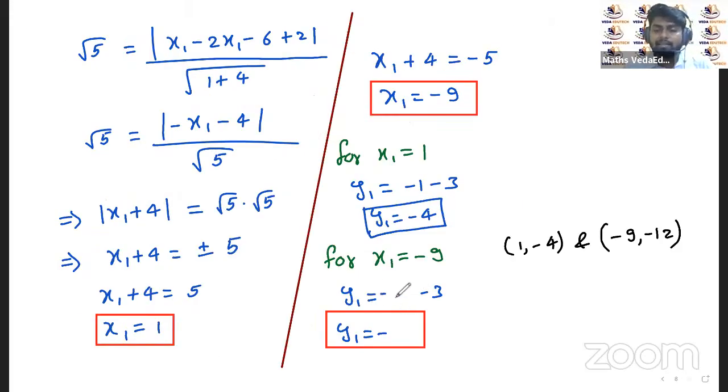So minus of minus 9 minus 3 will become plus 9 minus 3, so it will give you plus 6. So this is minus 9 comma plus 6. So these two are the required answer: 1 comma minus 4, and another one is minus 9 comma 6.